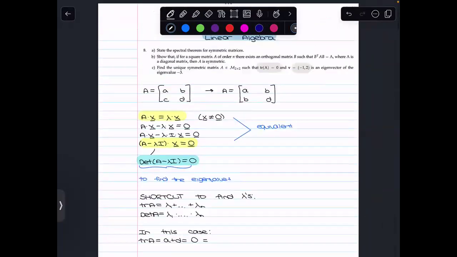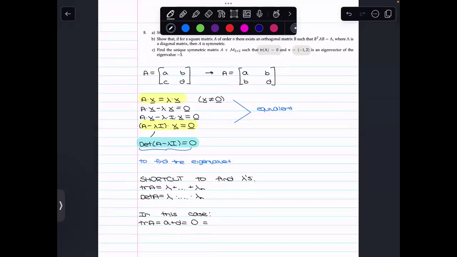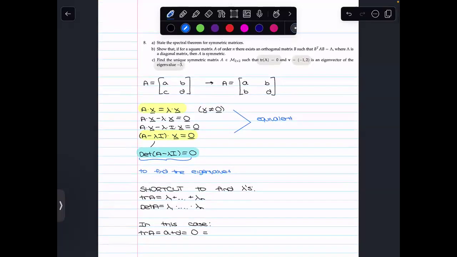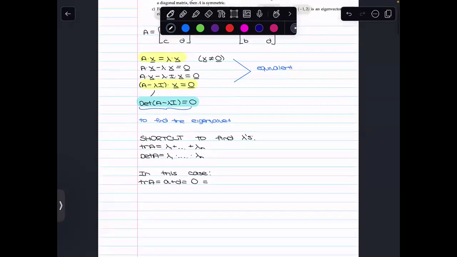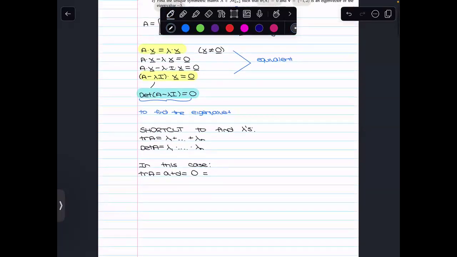And this also equals the sum of the lambdas. We know that one of the eigenvalues is -3, so we can call this lambda 1, and lambda 2 we just don't know. So we know that A plus D is equal to 0.